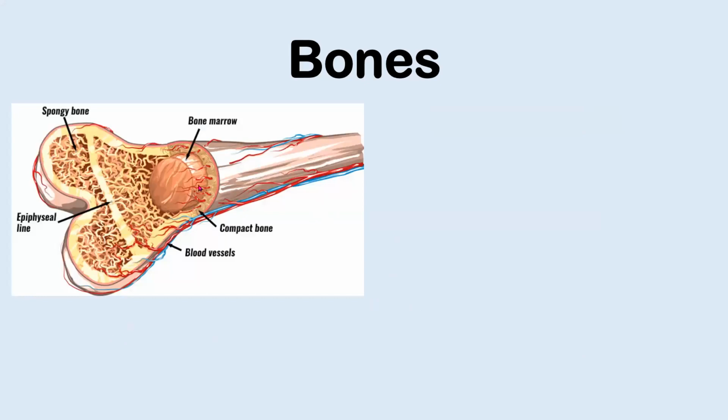So here we have the bone itself. This is the head. The bone itself is quite compact. The marrow's in there. It's got a really, really good blood supply. On the ends, it's spongy. And here on the left, you see an epiphyseal line, and that's the growth line.